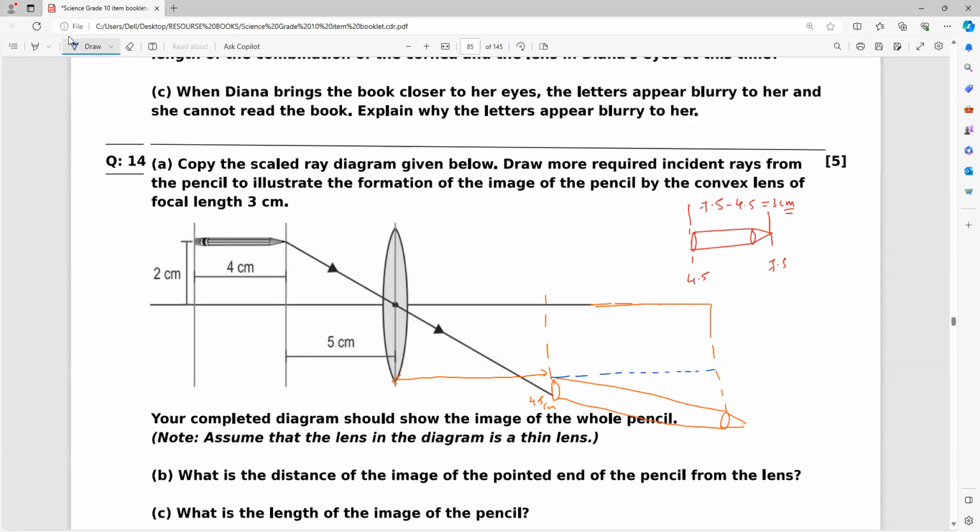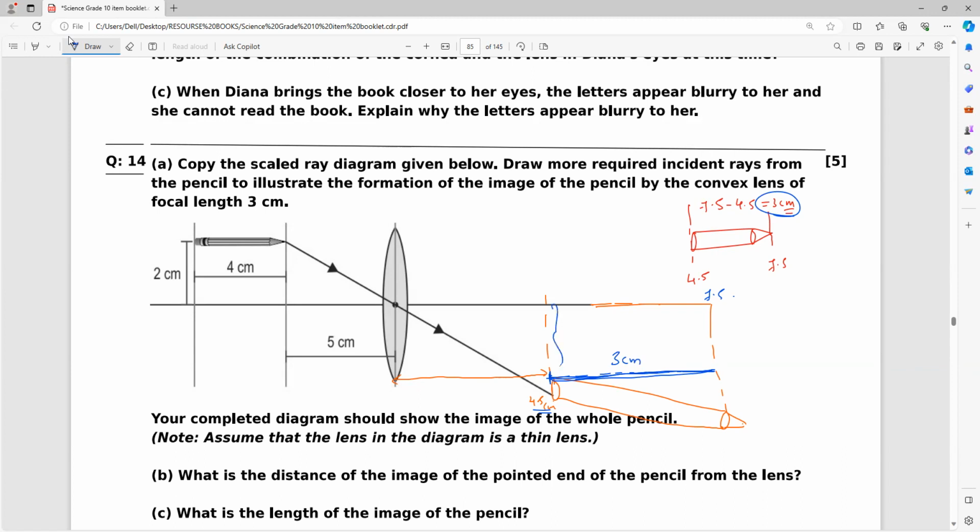So how to calculate it? It's very simple. Pythagoras theorem. As we all know, if this is the 4.5 and this is the 7.5, then what is this side? How much is its length? This will become how many centimeters, guys? Speak loudly. 3 centimeters.